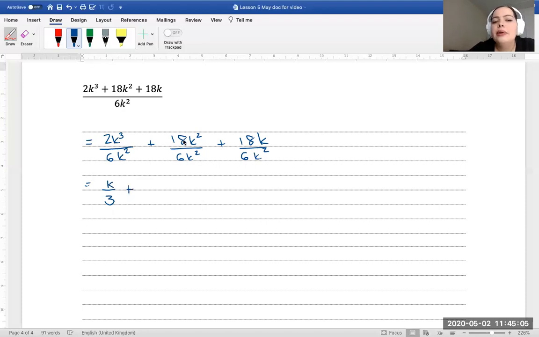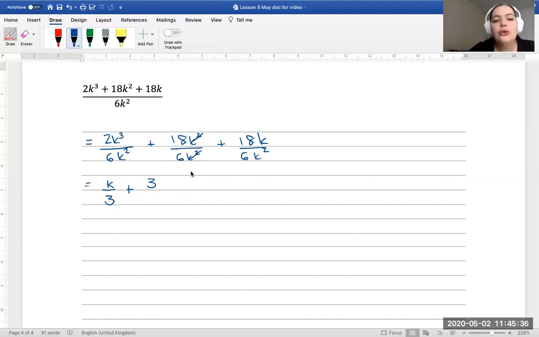Now we're going to do the same on this side. 18 divided by 6. If you don't know, you can pop it in your calculator, but hopefully you know it's 6, 12, 18, so 6 divides into 18 3 times. We've dealt with the numbers, now let's deal with the variables. At the top, I've got a k squared, and at the bottom, I've got a k squared. So it's k times k at the top and k times k at the bottom. They'll just cancel out, so there won't be k's attached.